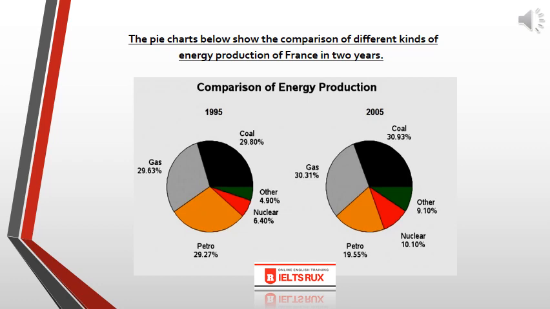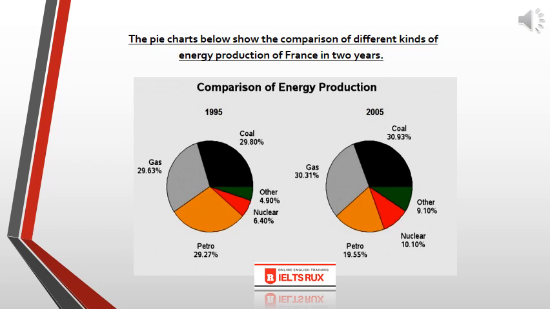This is a sample question which I have presented. The pie charts below show the comparison of different kinds of energy production of France in 2 years. And now here the diagram is given. The two pie diagrams are given. The first one is 1995 and the second is 2005. In 1995, gas is 29.63%, coal is 29.80%, other is 4.90%, nuclear is 6.40%, and petrol is 29.27%.